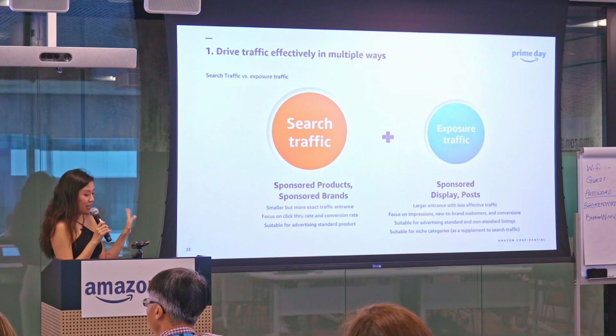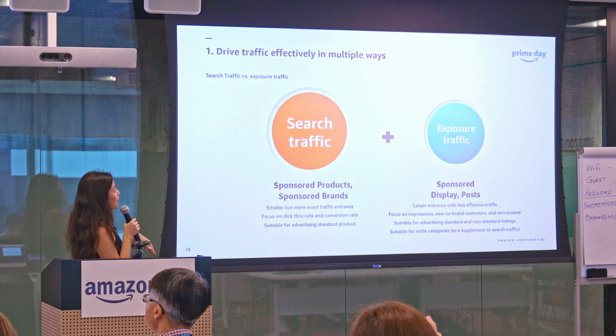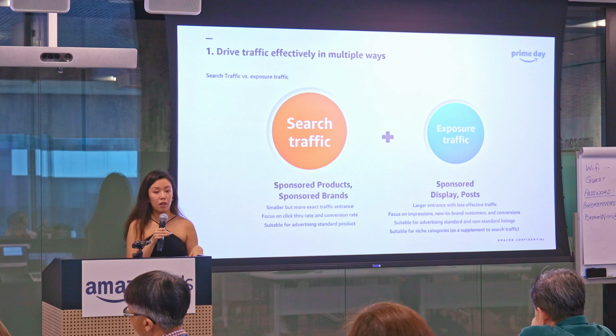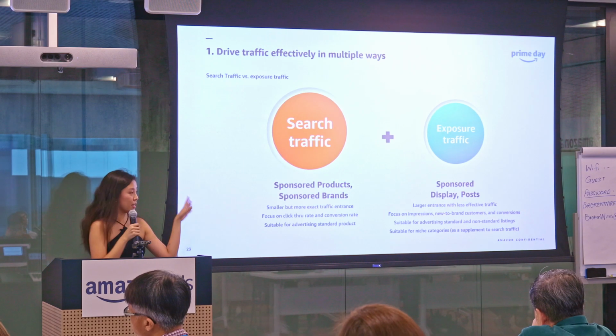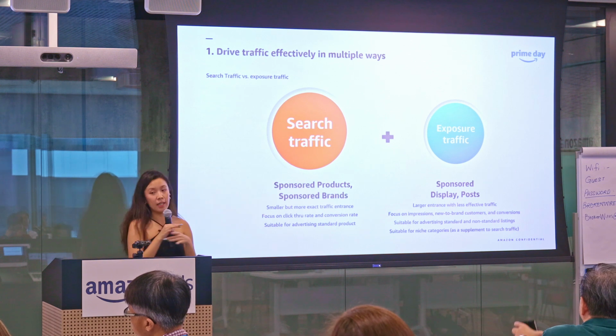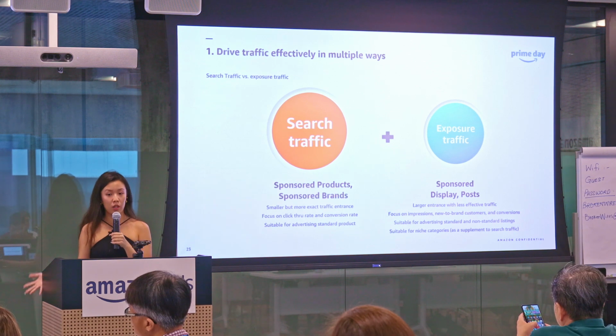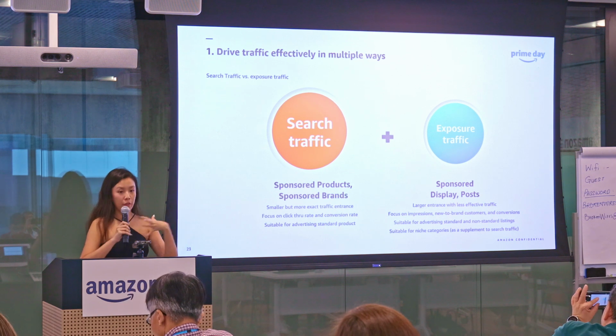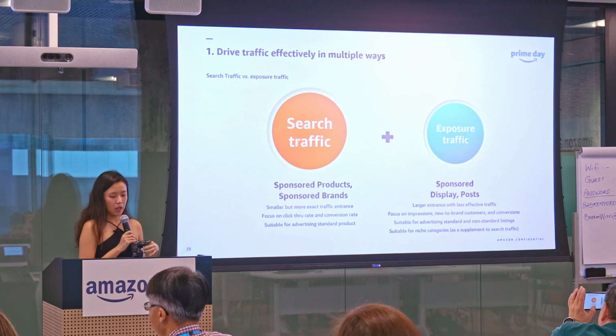What this means is, in terms of driving your traffic, what we are targeting in terms of search traffic would be sponsored products and sponsored brands, right? With sponsored products and sponsored brands, you're targeting consumers that are searching for specific keywords. But with sponsored display as well as posts, you're trying to get exposure to consumers, so it's a bit of a different mentality.